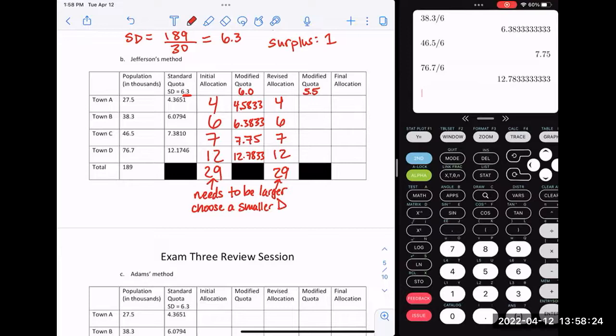We might get lucky and we might be done after this. We might have to go further. So let's do this one. So if I do 5.5, I'm just going to take this and divide each population by 5.5.